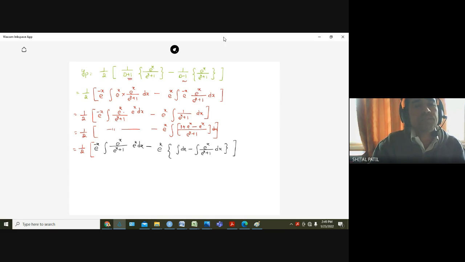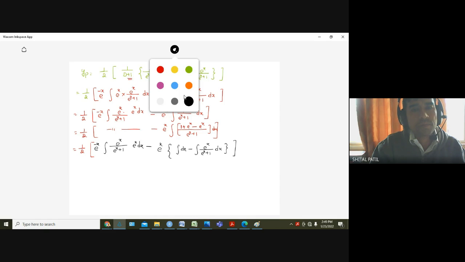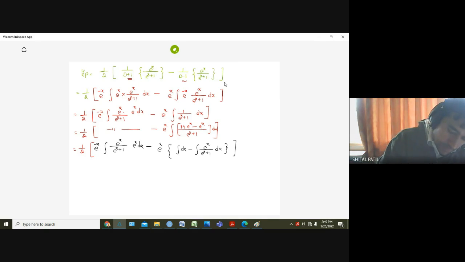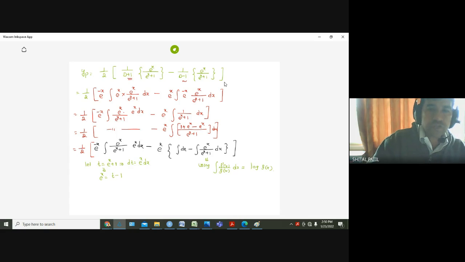Now I am using few substitutions. These two formulas are to be used.